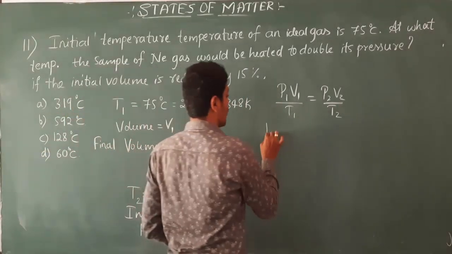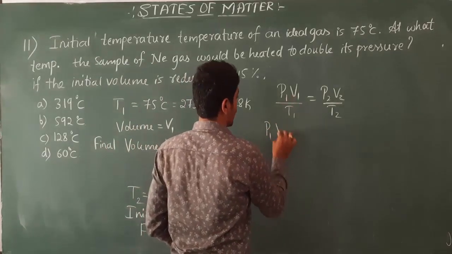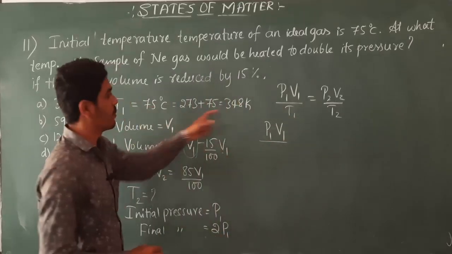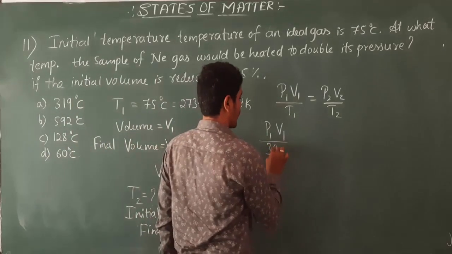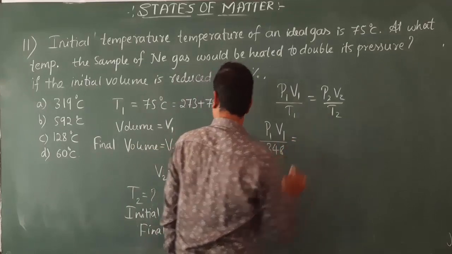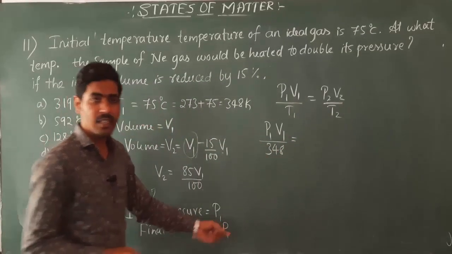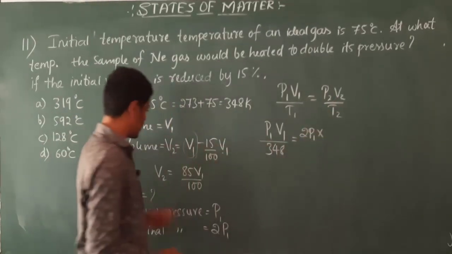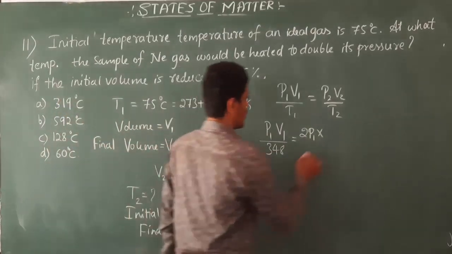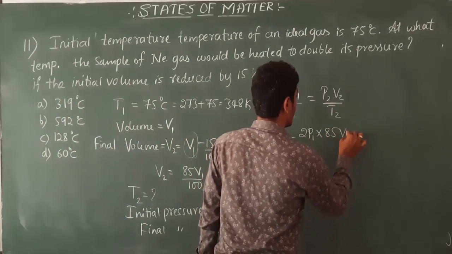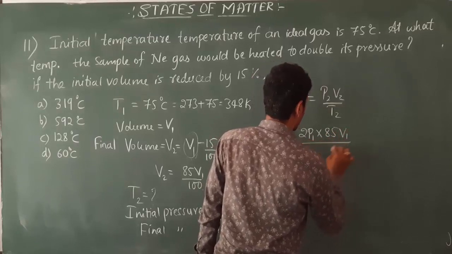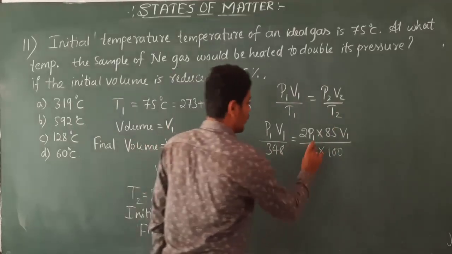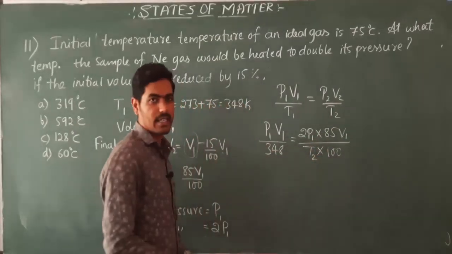P1 is P1 only, V1 is V1, divided by T1, the initial temperature, is 348, is equal to P2, twice the initial pressure, 2P1, into V2, which is 85 V1 divided by 100, into T2, that you need to find. So T2 write as it is.